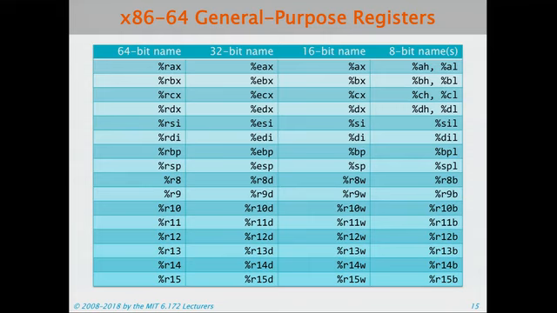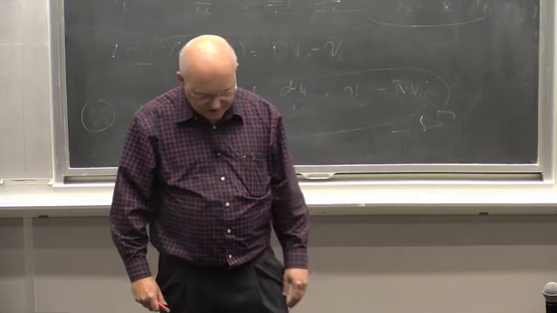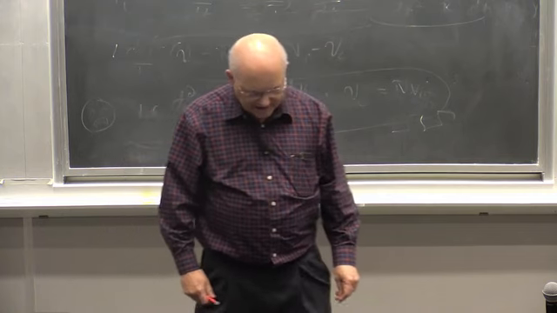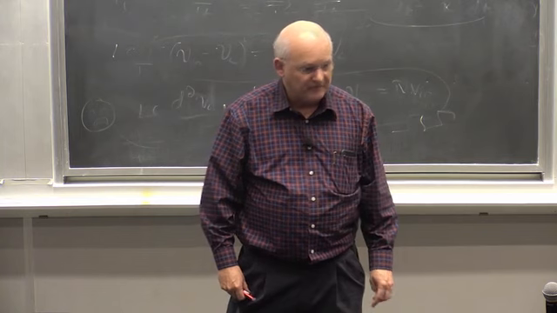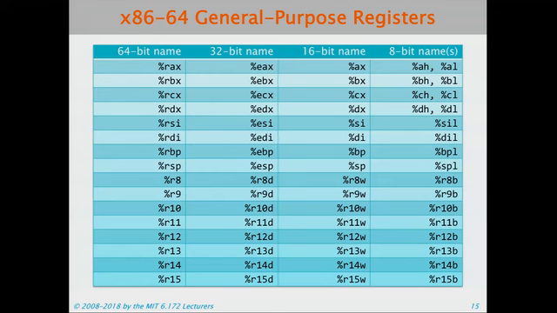Instead of calling them register 0, register 1, or whatever, they all have these funny names. Some of them are still used for a particular purpose, like RSP is used as the stack pointer, and RBP is used to point to the base of the frame, for those who remember their 6004 stuff.